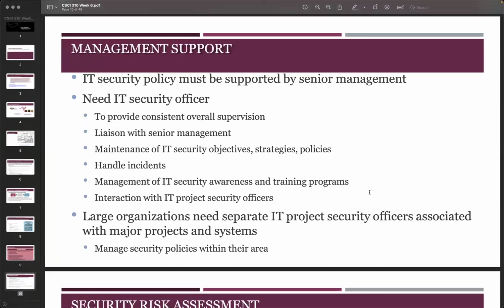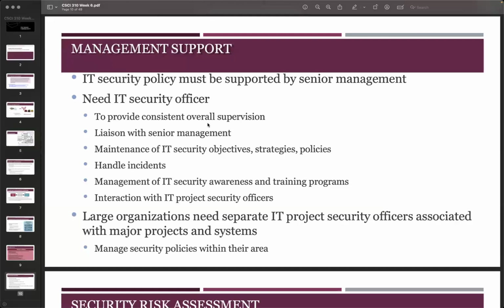We need to know that the security policy must be supported by senior management. So we need to provide consistent overall supervision and liaison of the senior management, and maintenance of IT security objectives, strategy, policy, all these things, just following the information.